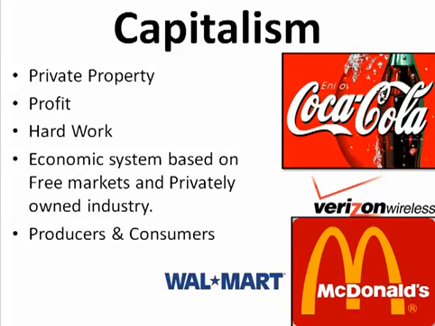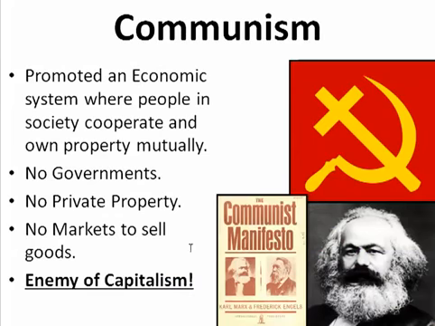Those are actually corporations, and people invest in them and make a profit from this. They work hard, and the economic system is based on a free market. Supposedly we have a mixed economy with a little bit of socialism in it, and privately owned industry. There are producers and consumers, and a market where you can buy things. In strict communism, you don't have that.